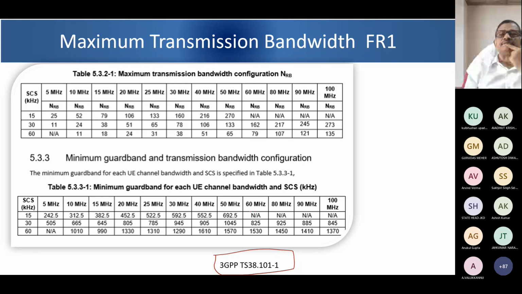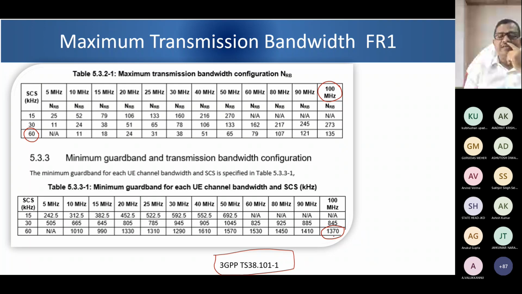Our example was 100 megahertz channel bandwidth and 60 kilohertz subcarrier spacing, and for this we had taken the guard band from this table, 1370, from both sides.